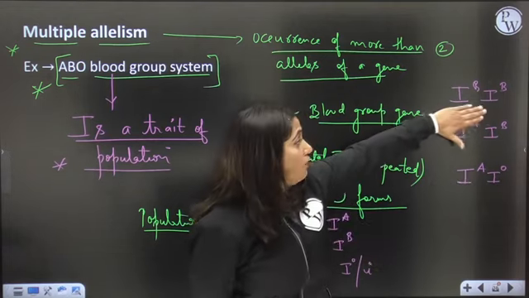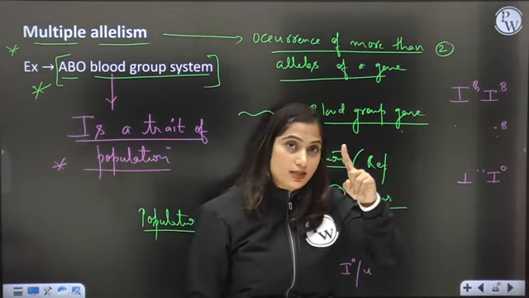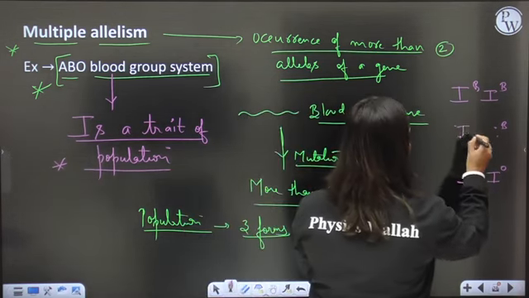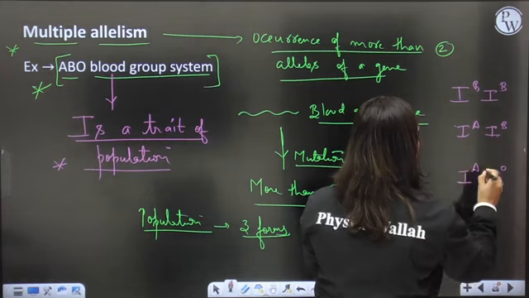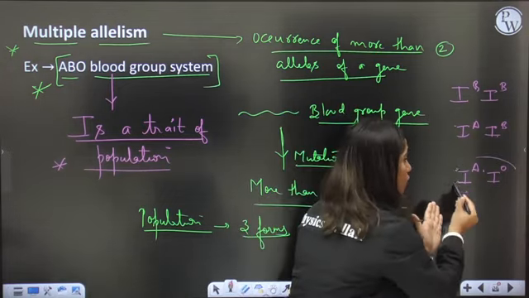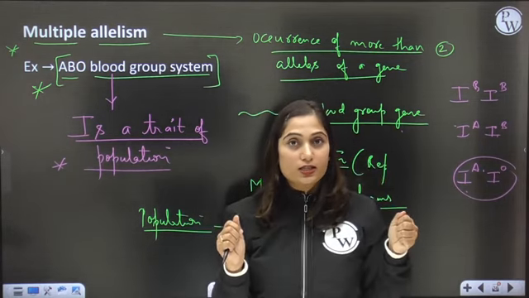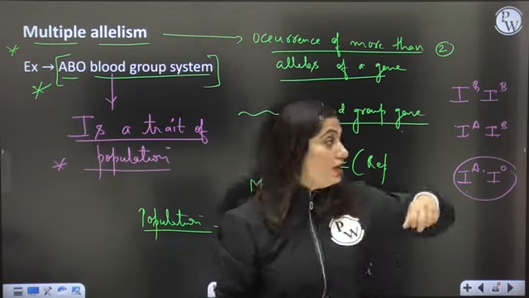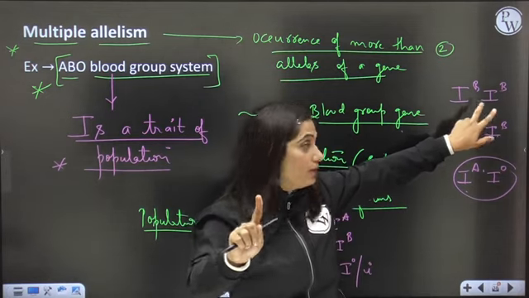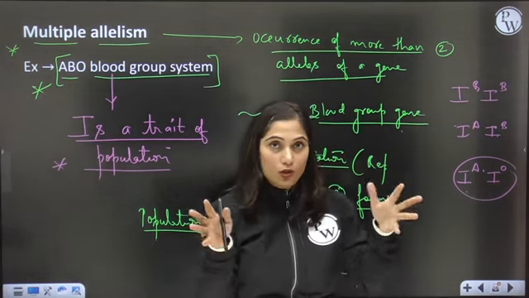So in an individual, how many forms can you see? In an individual, you can see maximum 2 forms, IA and IO, right? These are the two forms of a same gene in an individual. And minimum, how many forms can you see in a single individual? One. So in a single individual, minimum you can see one copy of a gene, and maximum you can see two forms of a gene, not more than that.